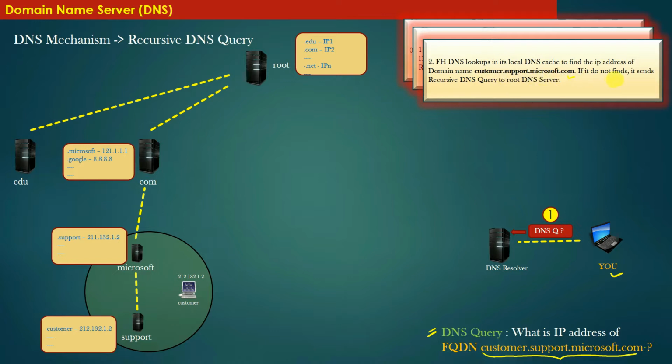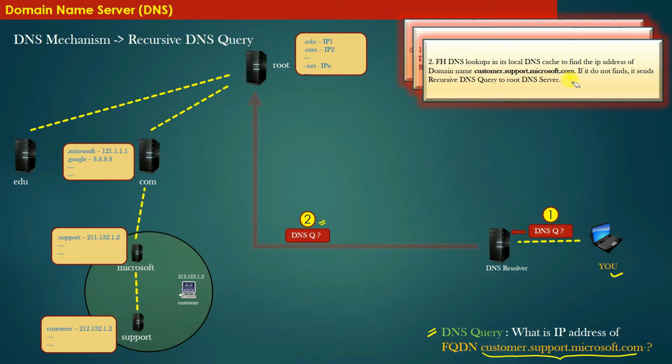So in such a situation, the DNS resolver will send out this recursive DNS query to the root DNS server. So remember, our DNS resolvers are always configured with the IP address of root DNS servers. So in this situation, when the DNS resolver itself does not know the IP address of the fully qualified domain name specified in the DNS query, the next step that the DNS resolver does is to forward this recursive DNS query to the root DNS server. So this is step 2.